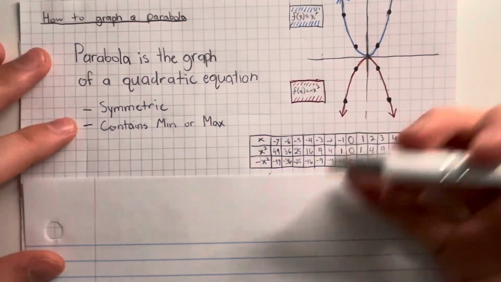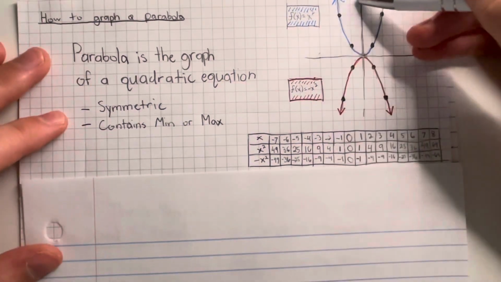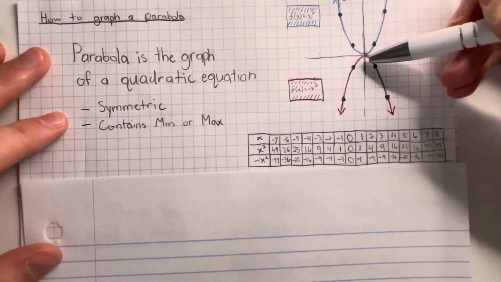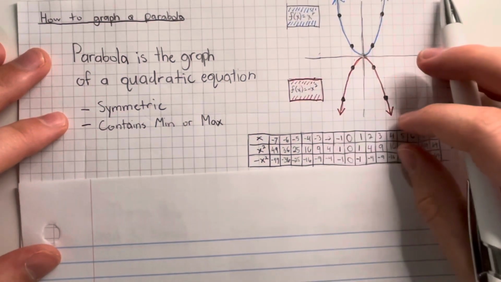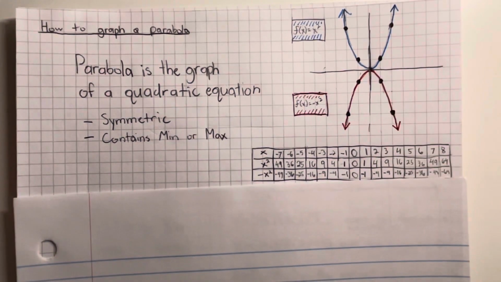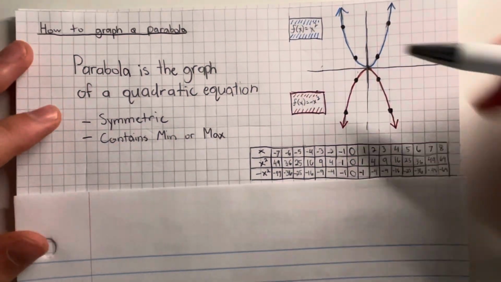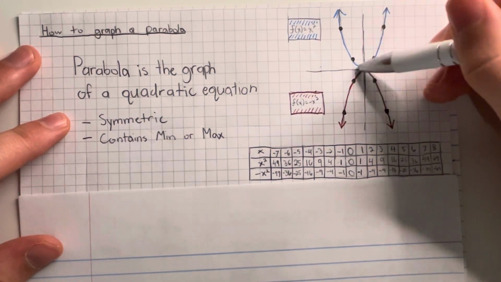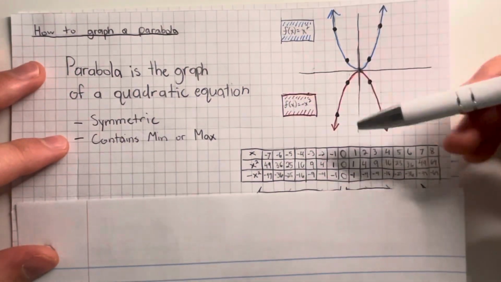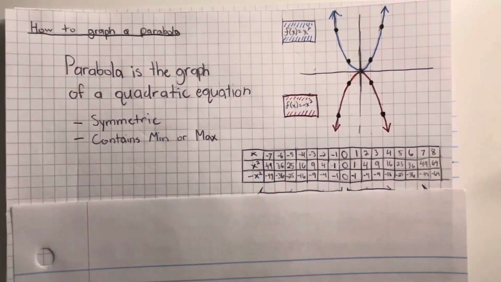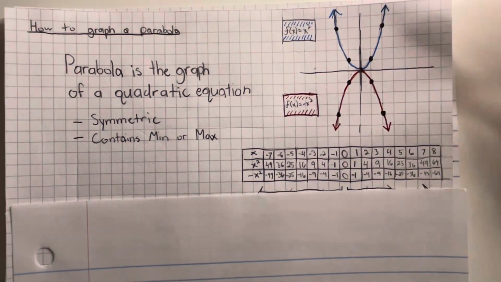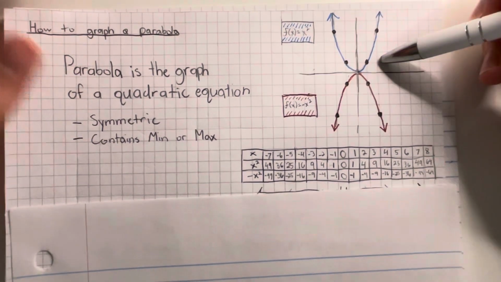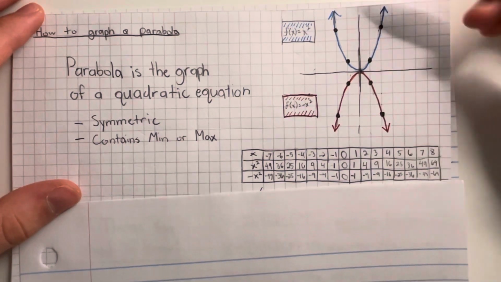It's also important to note that along this line, the y-axis, you can fold these graphs in half. That's where they're symmetric. And also, since these graphs only go up or down in a single direction, they have a minimum or a maximum depending on which direction they go.